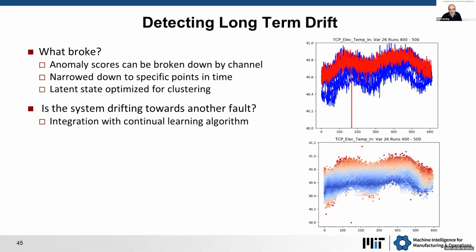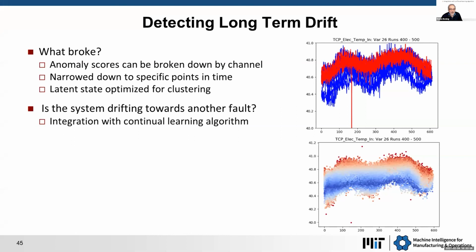We also think there are some nice extensions towards not just anomaly detection, but diagnosis. What is drifting and what is breaking? So if you look, this is one of the sensor signals on, I think, a plasma etch cycle. So this is one cycle on a particular temperature sensing measurement.